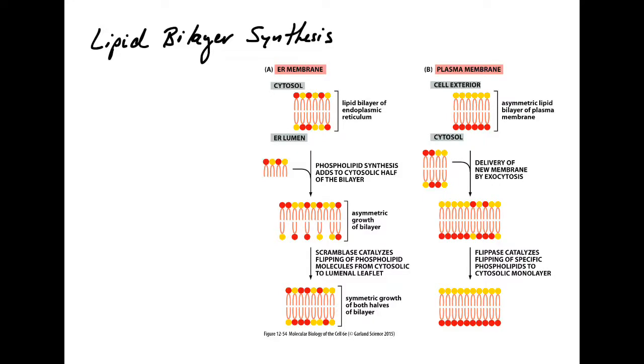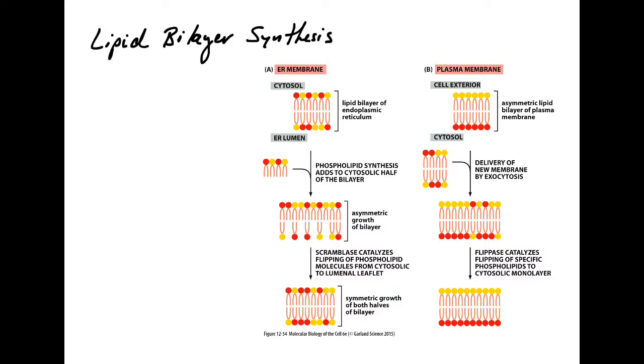And then finally, before leaving the ER, I did want to make passing mention of the fact that lipids are synthesized in the ER, and a mechanism that's fairly unusual and is shown in figure 12.54 of your text.